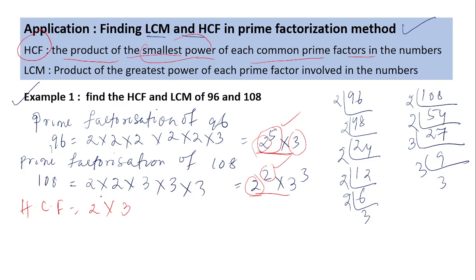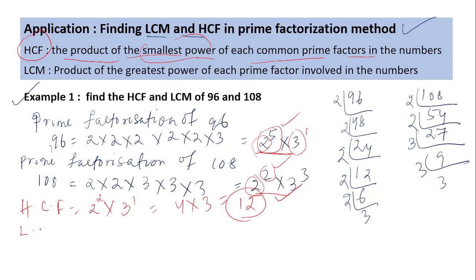So the smallest power is 2, and we write 2 to the power 2. Similarly, here 3 to the power 1 and here 3 to the power 3, we will take 3 to the power 1. That will be 2 to the power 2, which is 4, into 3. 4 multiplied by 3 is equal to 12. So the HCF of 96 and 108 is 12.